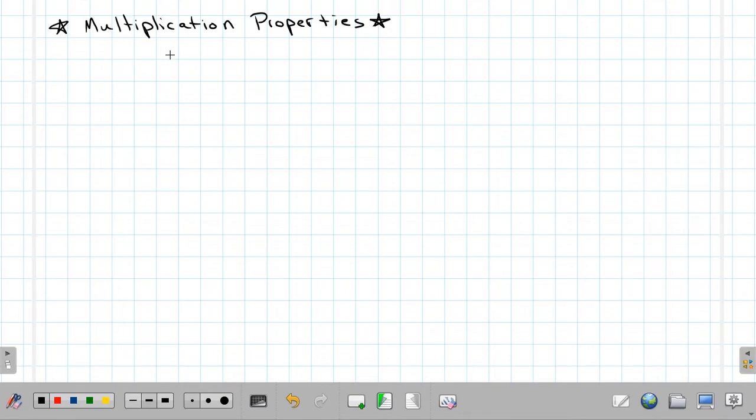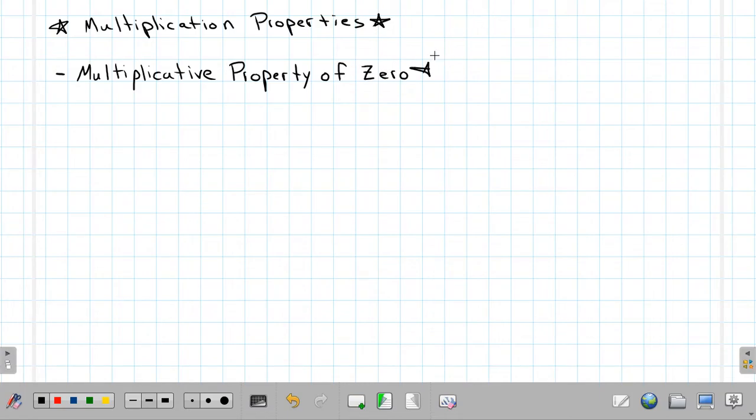So, multiplication properties: the easiest property about multiplication is the multiplicative property of 0.